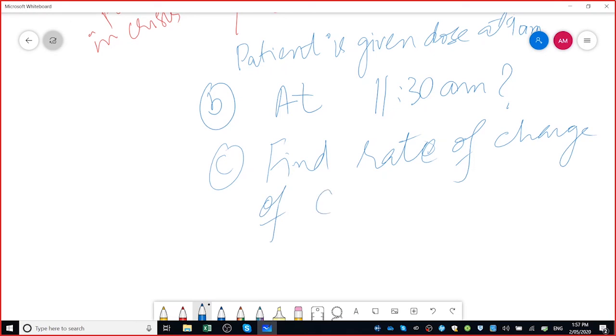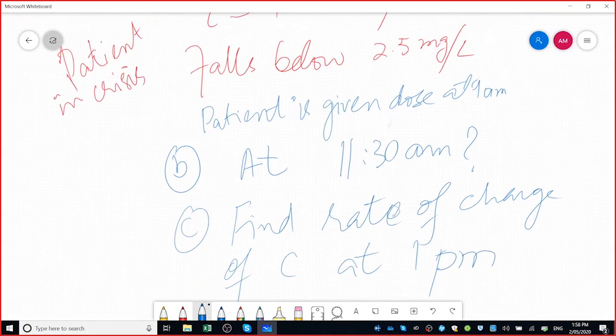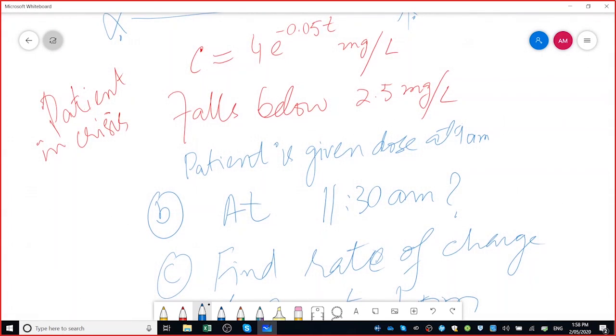At 1 p.m. you have to find the rate of change. What is meant by rate of change? The differentiation of C. Yeah, good.